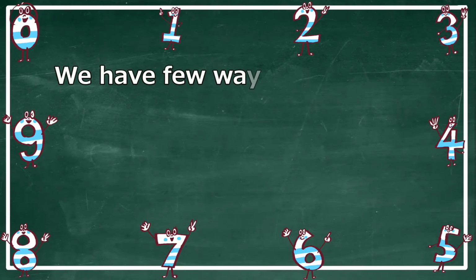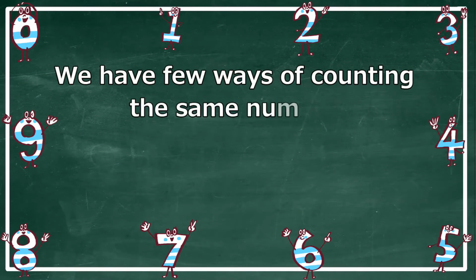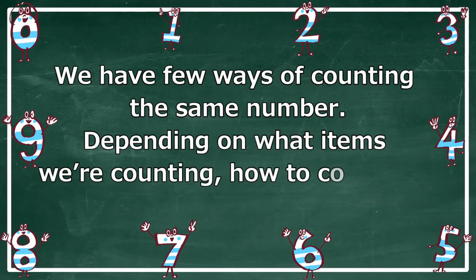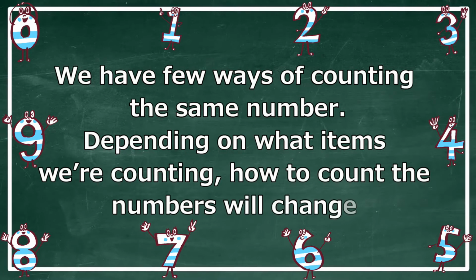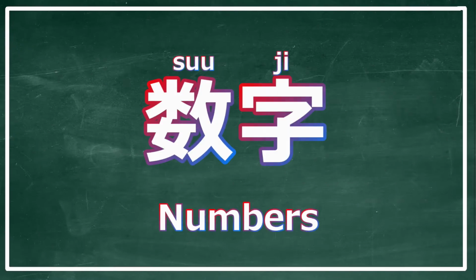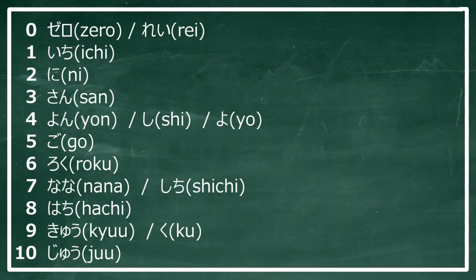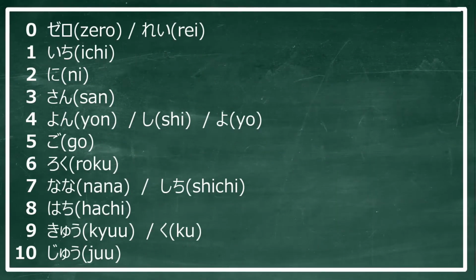today. We have a few ways of counting the same number. Depending on what items we are counting, how to count the number will change. 数字 numbers. First, let's take a look at just numbers without context.